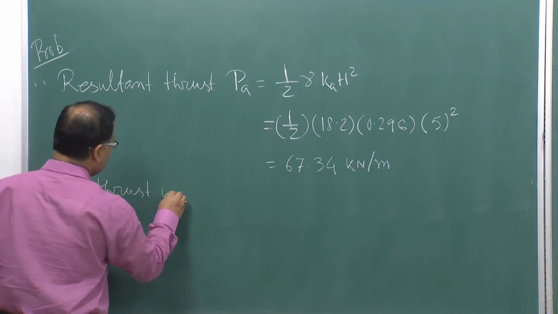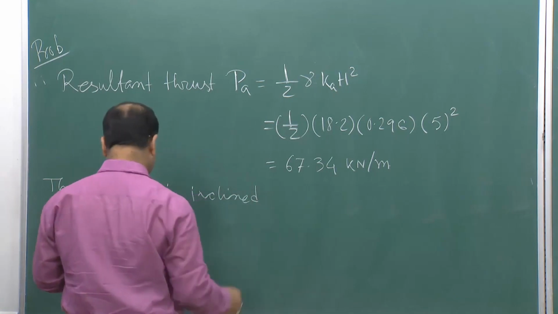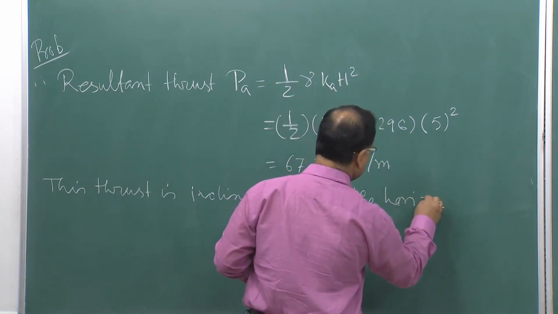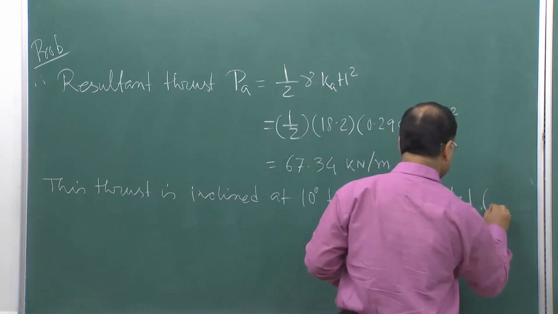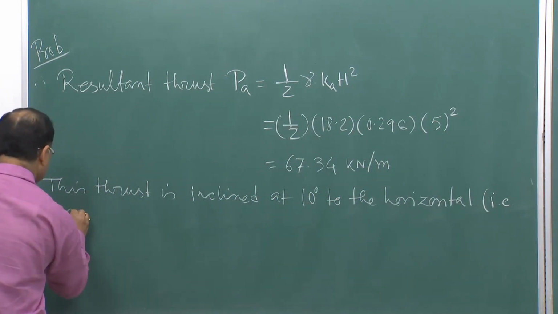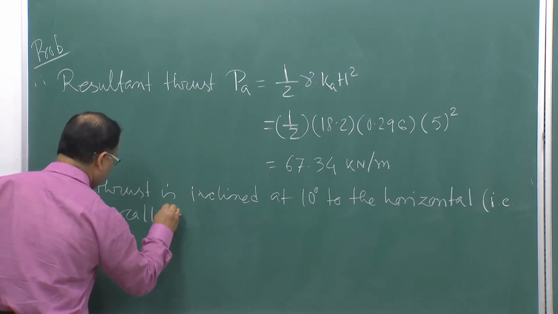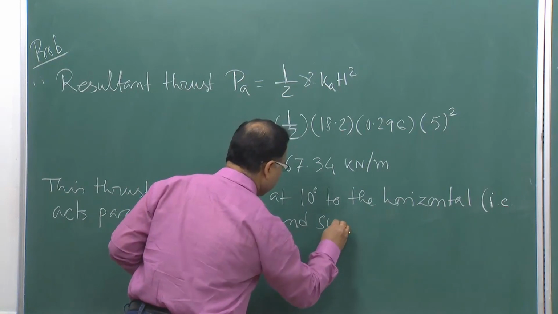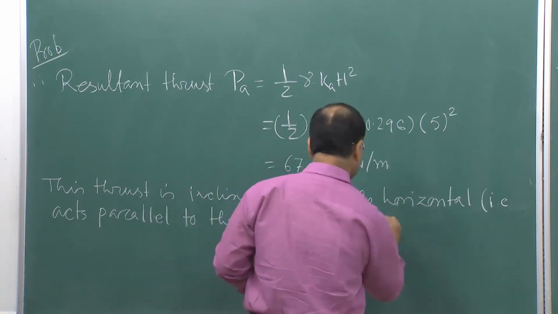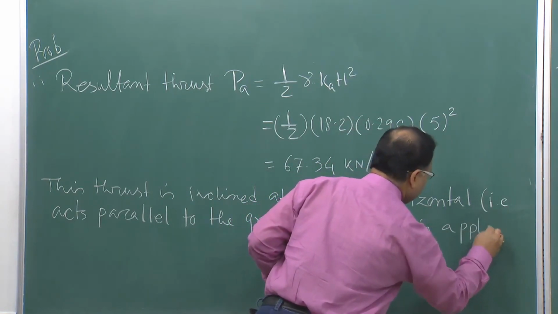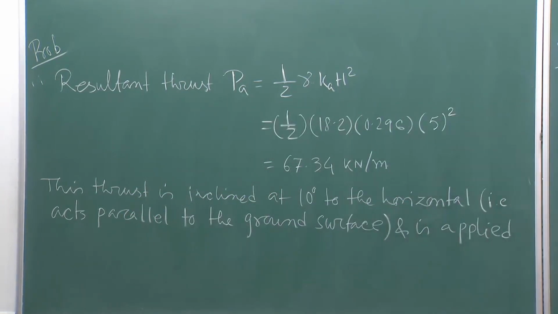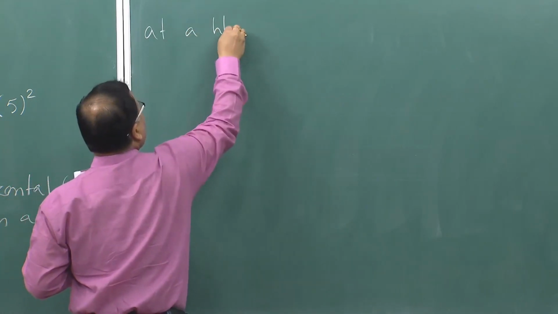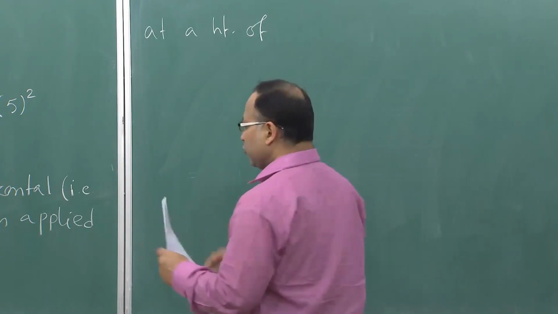This thrust is inclined at 10 degree to the horizontal, that is, it acts parallel to the ground surface, and is applied at a height of 5 by 3, because it will be the triangular distribution again.